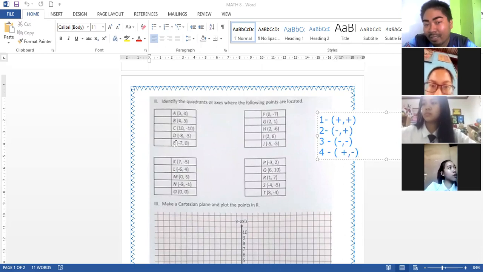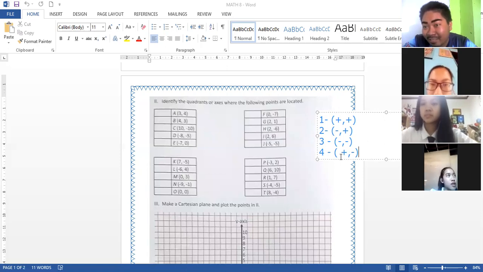Oh, and then letter E, negative 7, 0. So nasaan siya? Origin. Okay? Hindi niya sabihin na origin. Axis eh. Ibig sabihin, nasa X ba or nasa Y? Ganun siya. So, ang meron lang naman dito is negative 7.